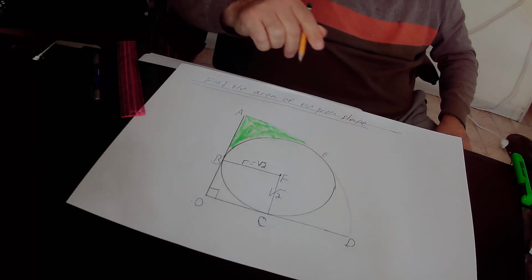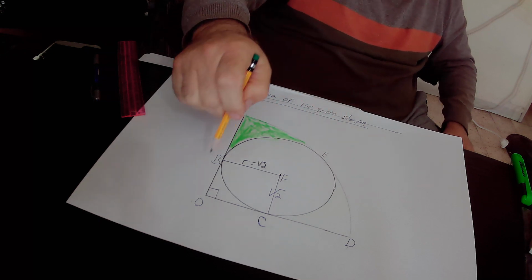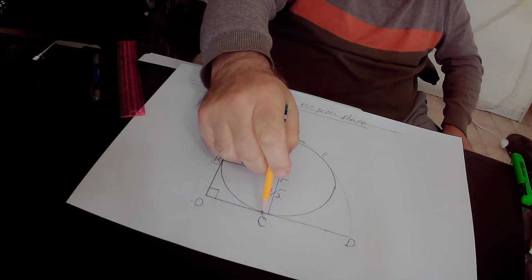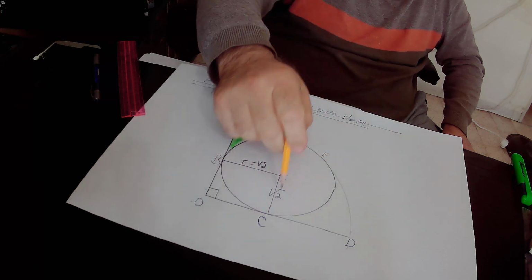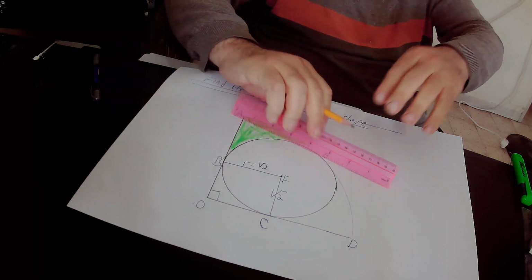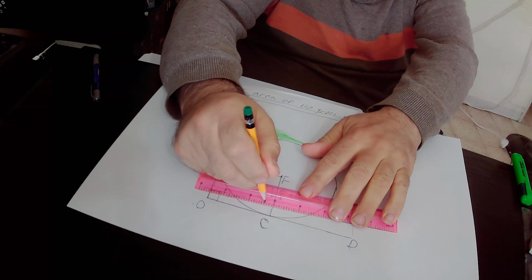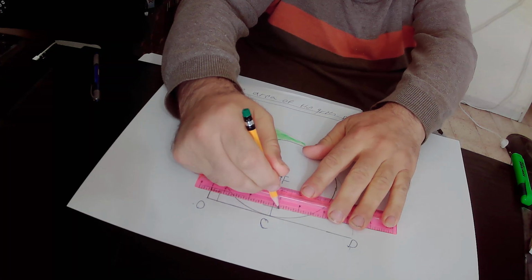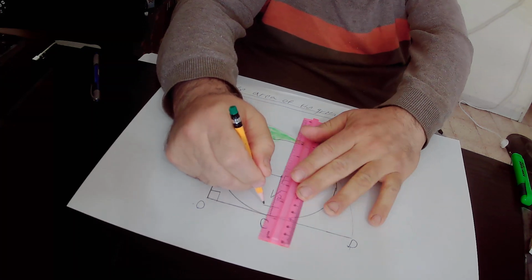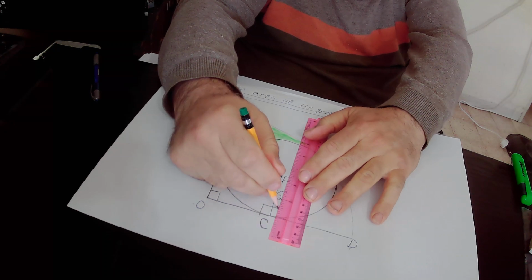Whenever you have a radius that is drawn to the point of tangency, then tangent OD will be perpendicular to the radius CF. If OD is perpendicular to CF, it means that this angle equals 90 degrees. This angle also equals 90 degrees.